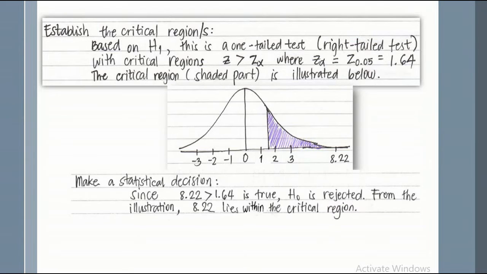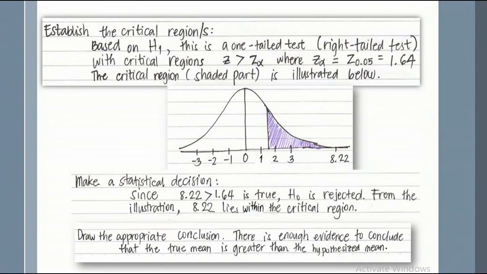Make a statistical decision. Since 8.22 is greater than 1.64 is true, H0 or the null hypothesis is rejected. From the illustration, 8.22 lies within the critical region. Draw the appropriate conclusion. There is enough evidence to conclude that the true mean is greater than the hypothesized mean.